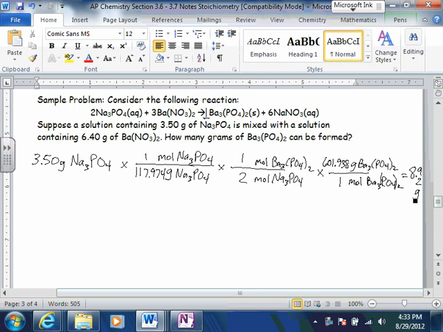Now, I also know that I have 6.40 grams of barium nitrate, Ba(NO3)2. So I'm going to do the same process again, and I'm going to figure out, okay, how much of the product could I make of the Ba3(PO4)2 if I start with 6.40 grams of the barium nitrate.